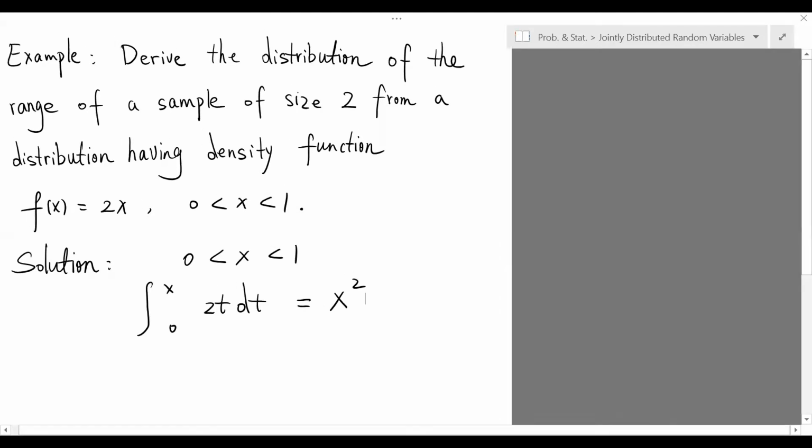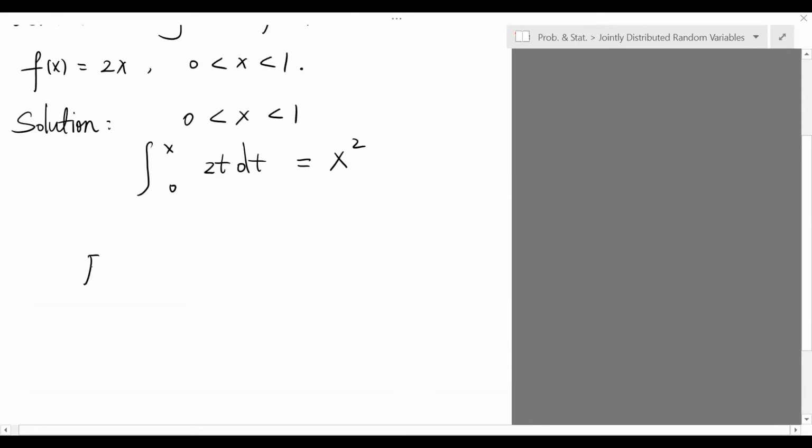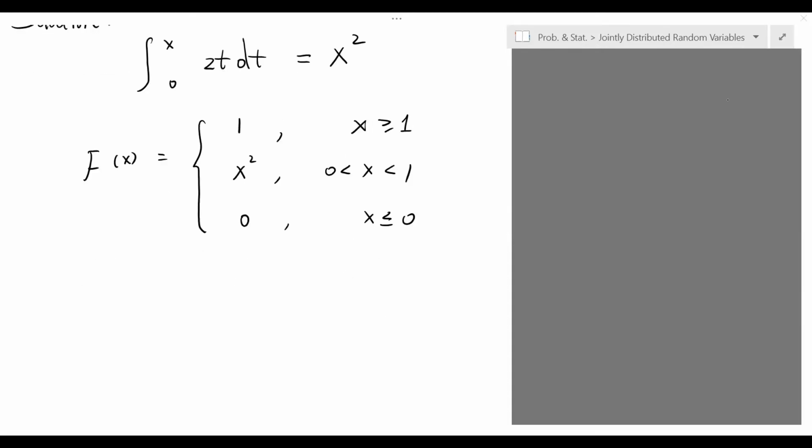Thus, the distribution function capital F of x is given by 0 when x is less than or equal to 0, and is given by x squared when x is in between 0 and 1. Beyond that, the value of the distribution function is going to be simply given by 1. To find the distribution function for the range, we need to solve the integral according to the formula.